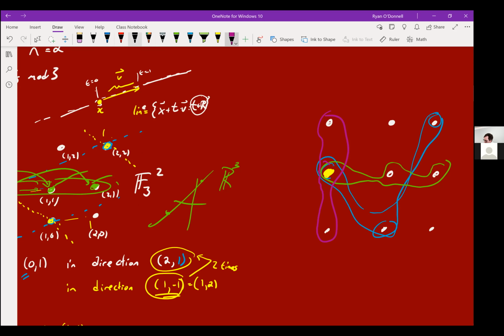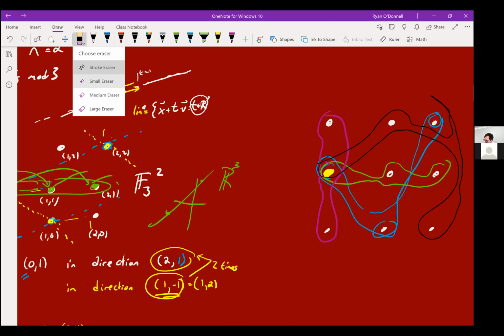And let's go over here. If you go up and to the right, you get here. You go up and to the right, you get here. So this one is also a line. I don't want to draw it. That's also a line. And so I think there's exactly these.